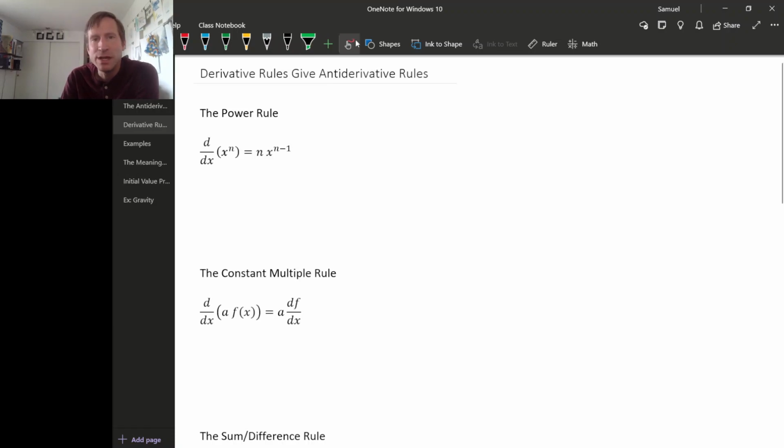So for example, here's the power rule for differentiation. This is saying that the derivative of x to the n is n x to the n minus 1, but we can turn that around and rephrase this as a statement about antiderivatives.